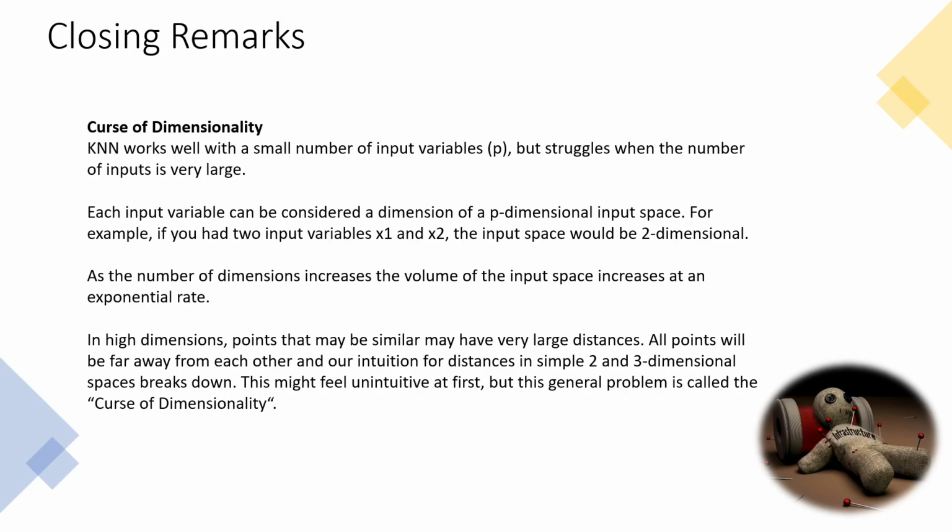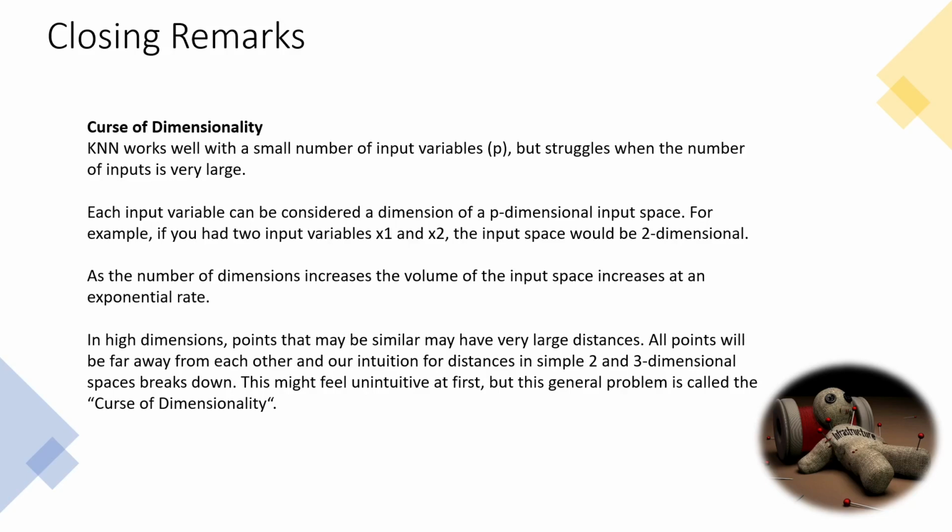For example, if you had two input variables x1 and x2, the input space would be two-dimensional. As the number of dimensions increases, the volume of the input space increases at an exponential rate. So in higher dimensions, points that may be similar may have very large distances.